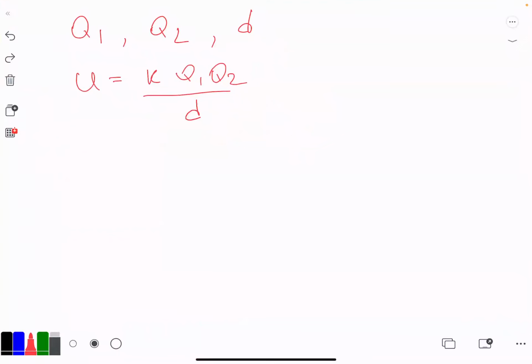Okay, in the second problem, what do we have? We have a proton, right? Then the electron was brought from far away to a distance of d.